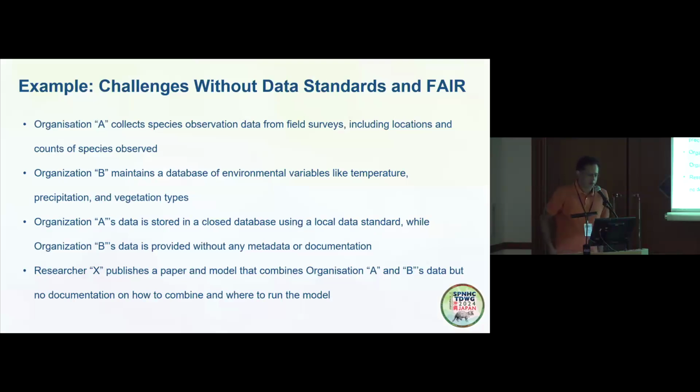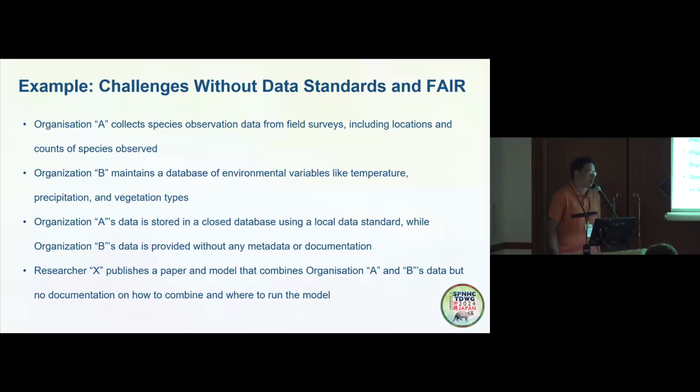Again, here are some simple examples you're probably familiar with. Let's say organization A collects some data from a survey. Organization B maintains environmental data, and they probably have it in a closed database. Even though we are familiar with a lot of open data sources, other communities are not as openly sharing data, but we still want to use those data.